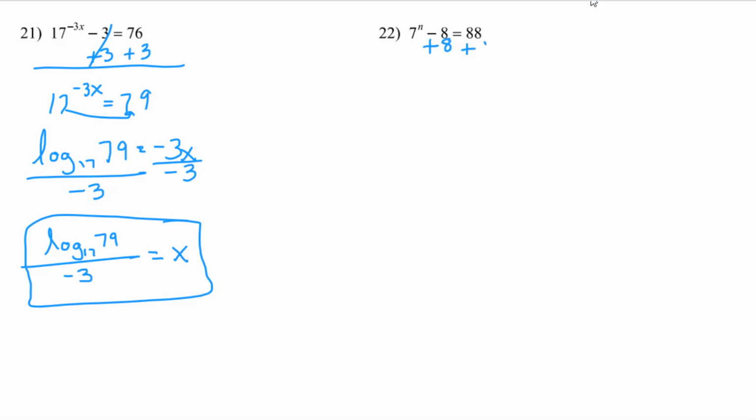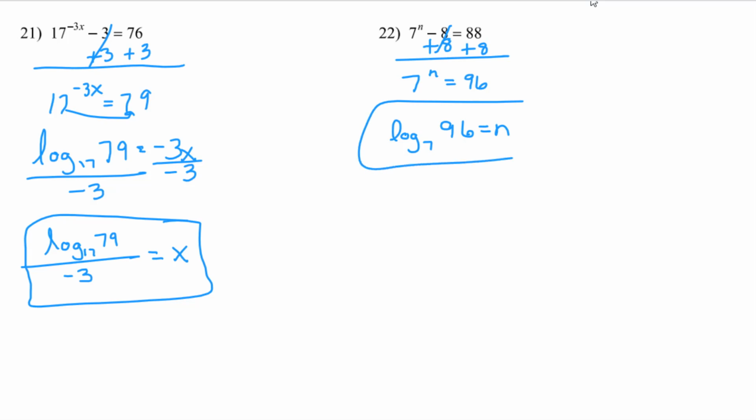So add 8 to both sides, 7 to the n equals 96. Rewrite that as a logarithm. Log base 7 of 96 equals n. Yeah, this definitely doesn't feel like problems that you'll be required to use a calculator on. I could be wrong. It happens more often than you might think.